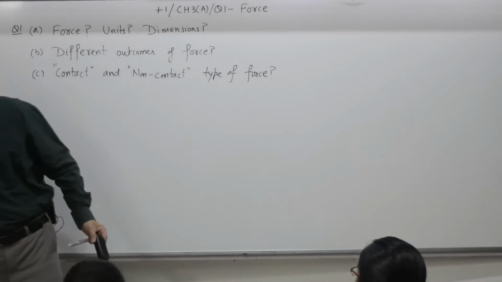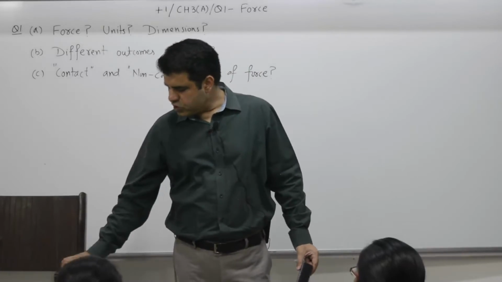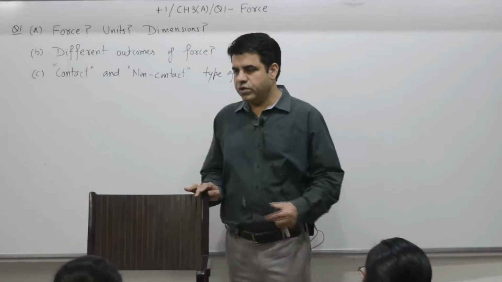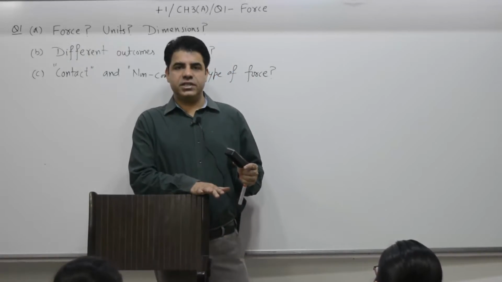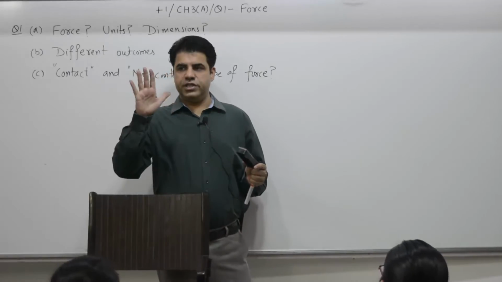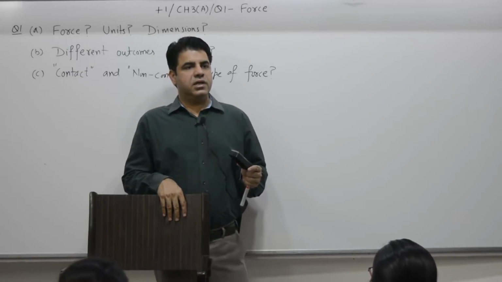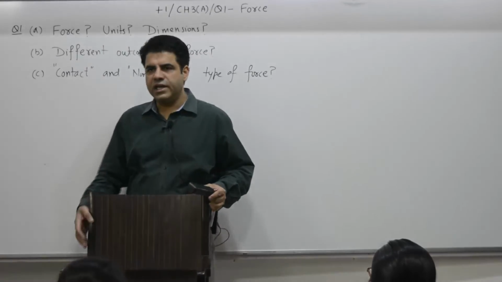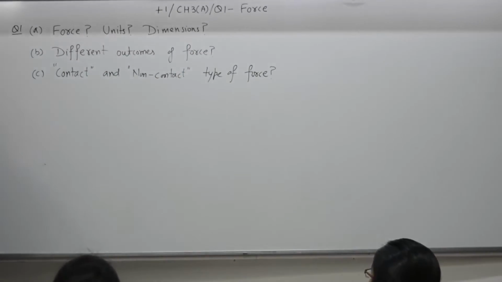For example, a chair: in case you want to move it, when I apply force, I touch the chair. That is a physical contact between an agency, the hand, creating force and the object to be set in motion. Contact between the two is a must. Most of the forces we see in daily life are contact type.